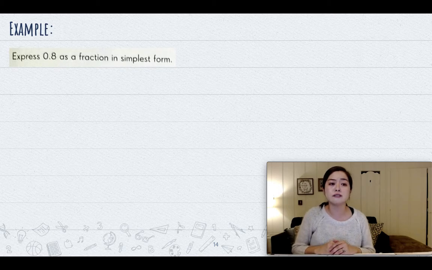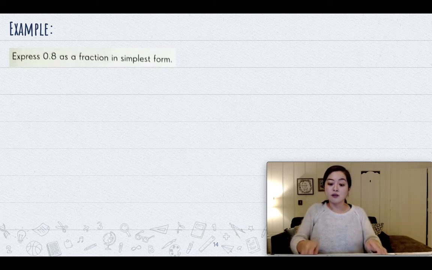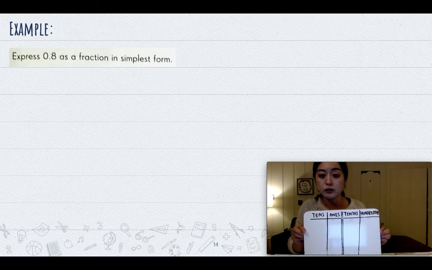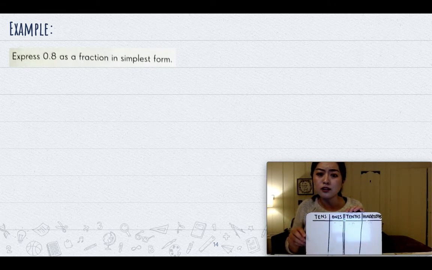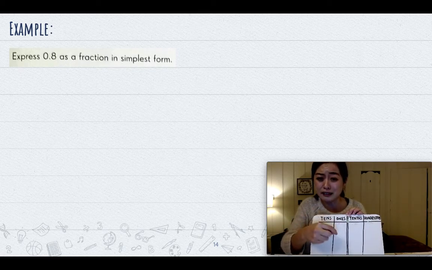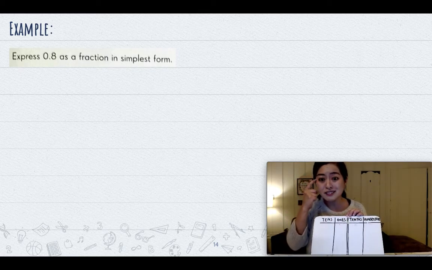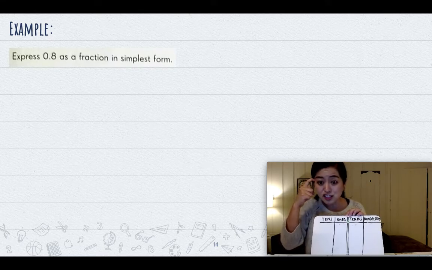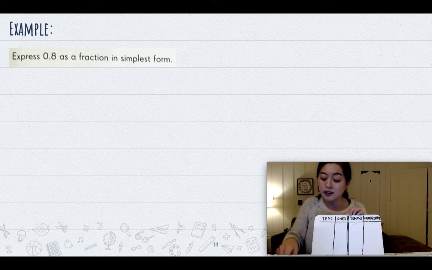Oh, we're going to write 0.8 as a fraction in simplest form. Okay, so when I do that, I'm going to use my place value chart, okay? And either you can literally get a place value chart in front of you and write it down, or you can mentally envision a place value chart, okay?